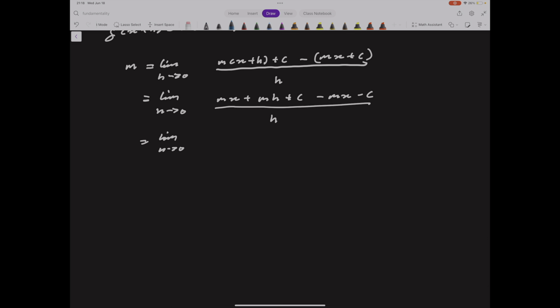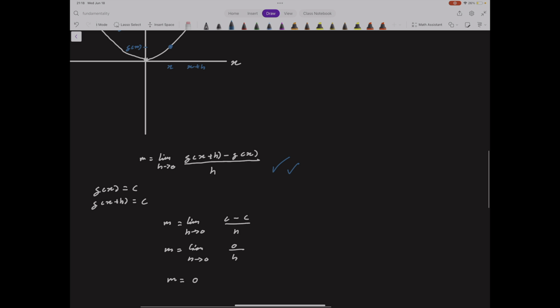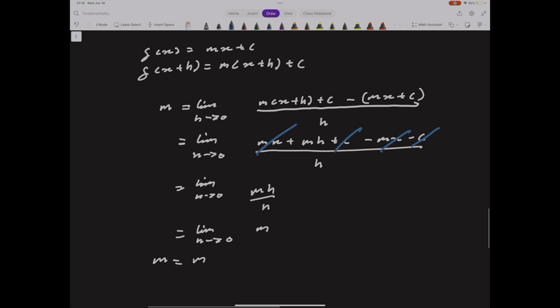And obviously these cancel, and you get mh divided by h equals the limit as h approaches 0 of m, which is just m. m equals m. Right, okay, so now that gets 2 ticks. I think it works at this point. For everything we know the gradient of, it's worked.